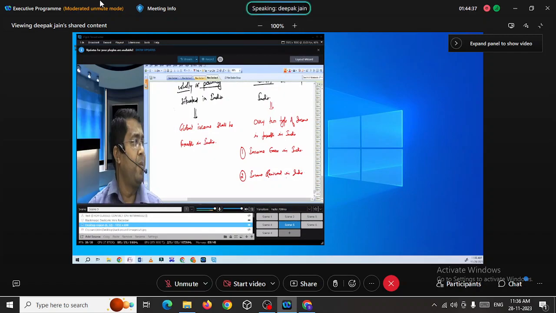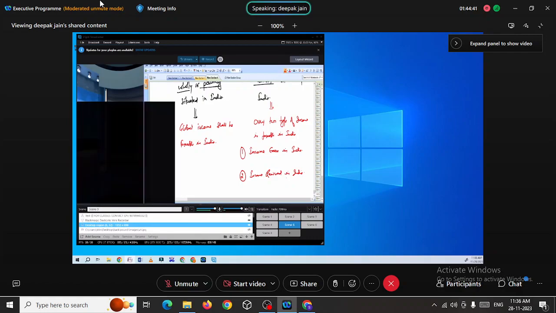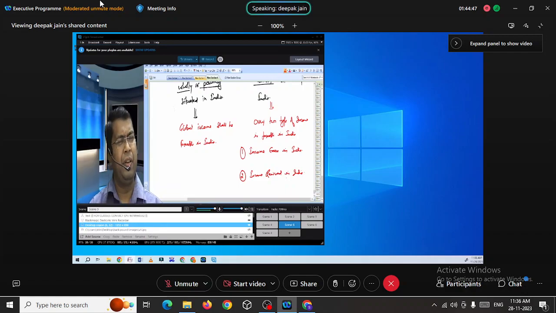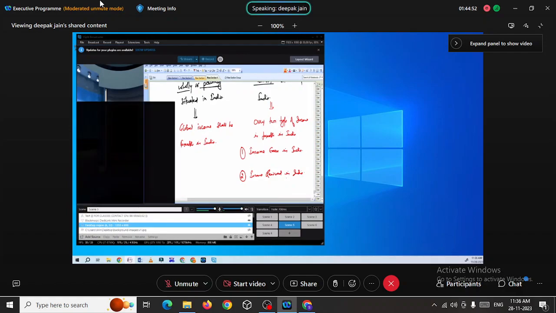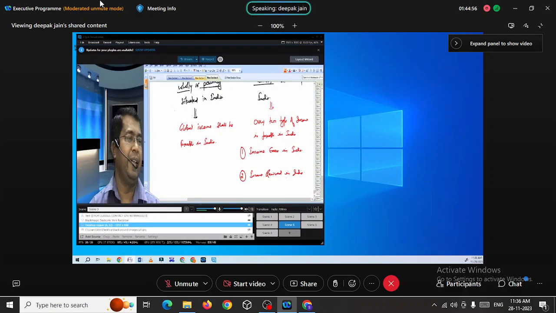So if a partnership firm is resident in India, then global income, wherever earned, wherever received, shall be taxable in India. On the contrary, if a partnership firm is non-resident, then only income earned in India and income received in India is taxable.